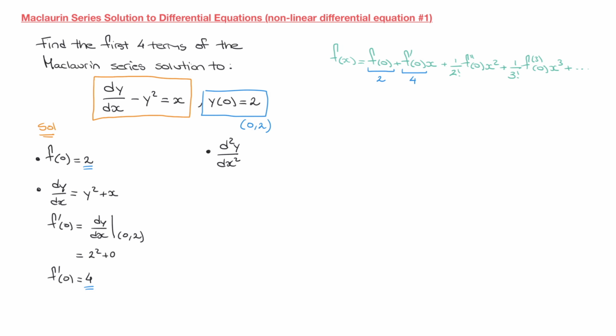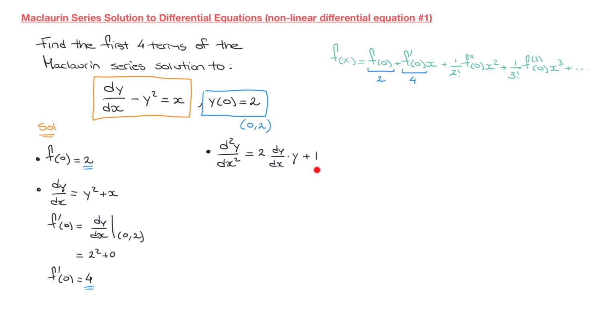In doing so, we quickly find that the second derivative is equal to 2 times dy dx times y, that's the derivative of y squared, plus the derivative of x, which just turns into plus 1. And I should say, if ever you're not quite comfortable on how I obtain 2 dy dx times y by differentiating y squared, then you'll want to make sure you review implicit differentiation. That being said, I carry on.